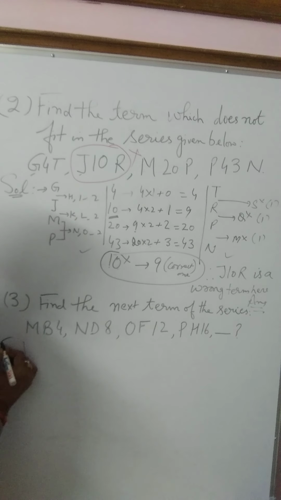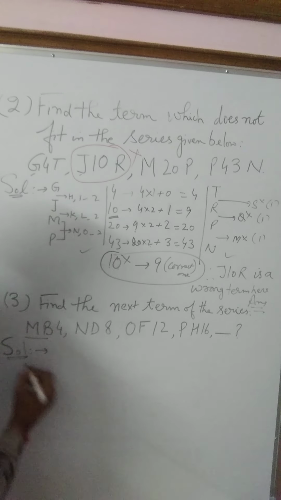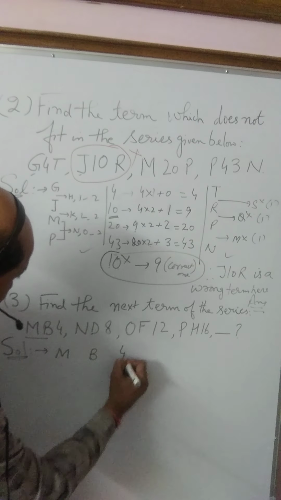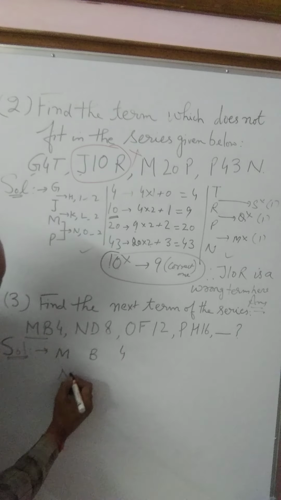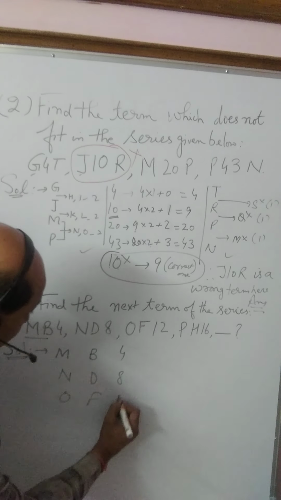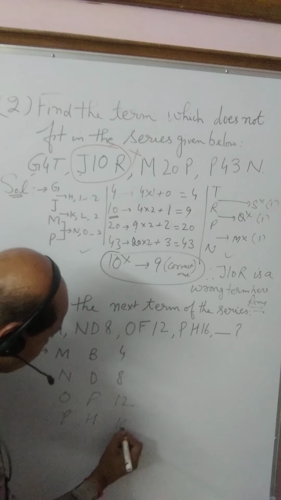If we go through it, we will be able to solve it very easily by analyzing what pattern they are adopting with each other. In the first case, MB4, we have M, then B, then 4. Clear? Then we have ND, 8. Clear? O, F, 12, then P, H, 16.